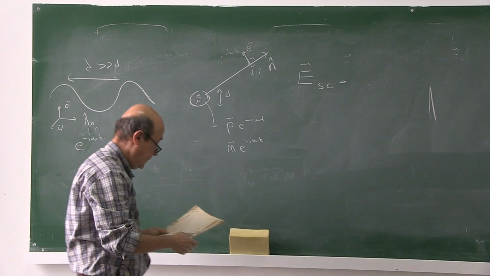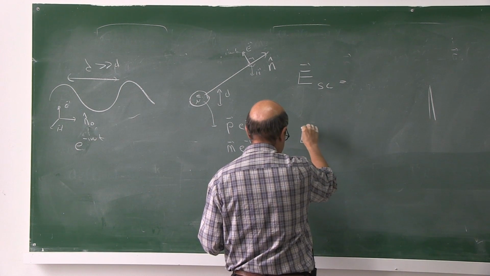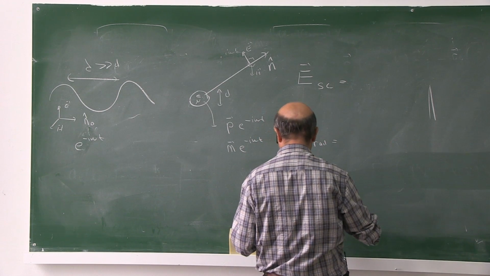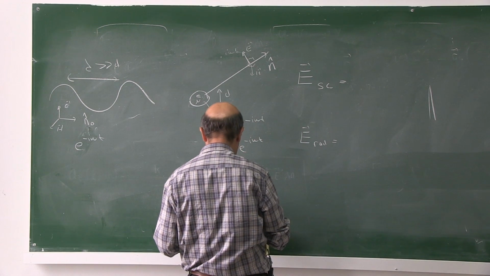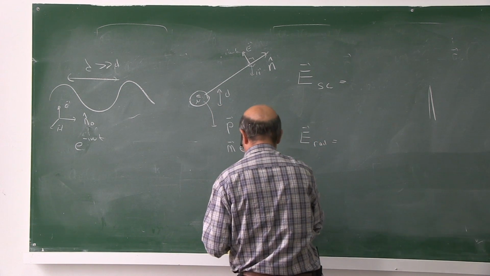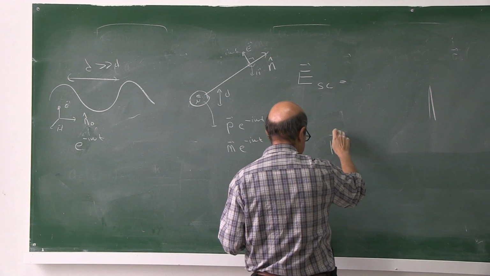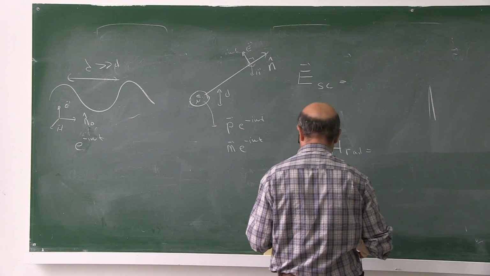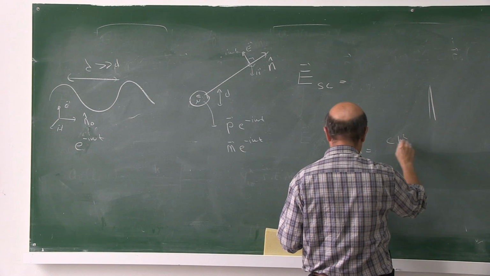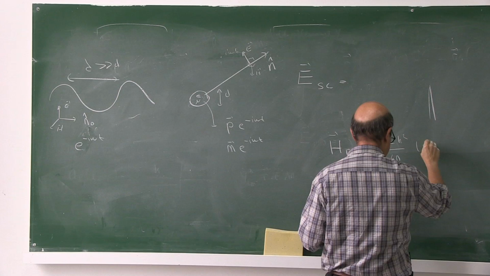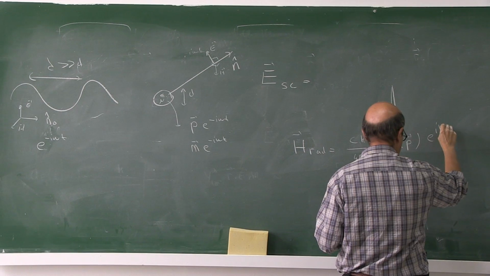In the previous chapter, we have seen the radiation of the electric dipole, sorry, the radiation of H due to the electric dipole: c k squared over 4 pi, n cross p, e to the ikr over r.